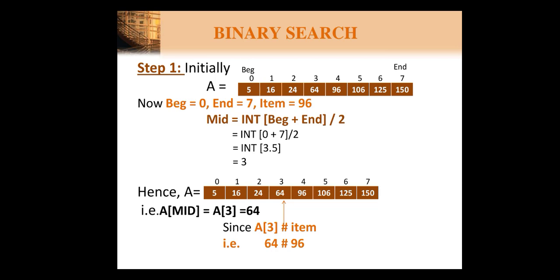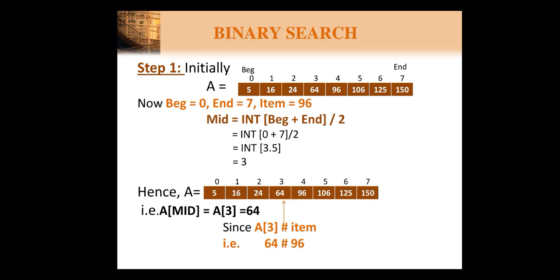That means our element is not present at the mid position. So for the next step, we have to check whether 96 is greater than our mid value 64, or smaller than the mid value 64. Here 96 is greater than 64, so obviously it is present in the upper portion of the array.